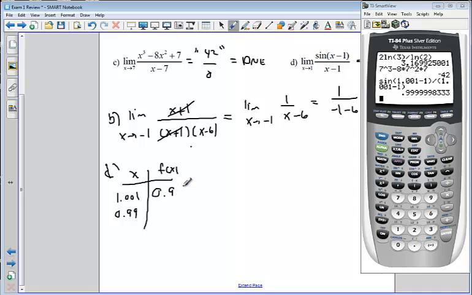And you can do it from the other side too. You probably get a number like 0.9999999. And so you know this answer: the limit as x goes to 1 of sine of (x minus 1) over (x minus 1) is equal to 1. Make sure you do the other side too on this one.